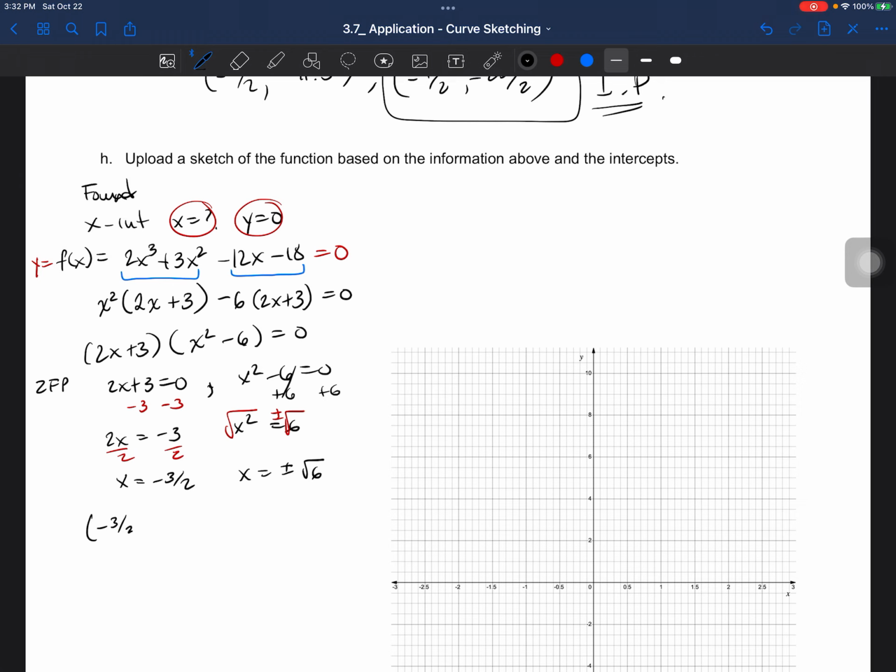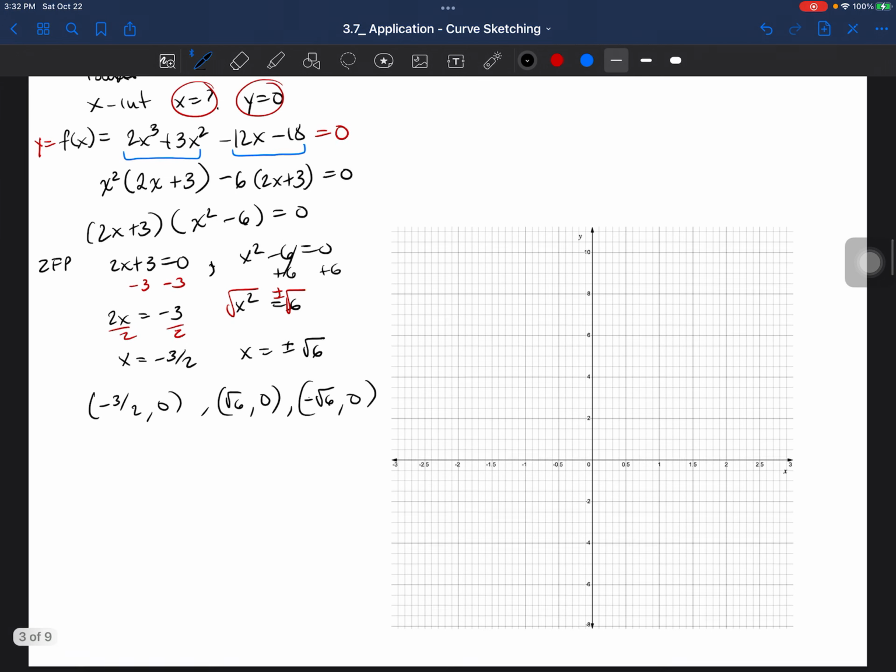All right, and so that means that we have two x-intercepts. That means when y equals 0, your x equals negative 3 halves, comma 0, square root of 6, 0, and negative square root of 6, 0. Actually, we have three x-intercepts.